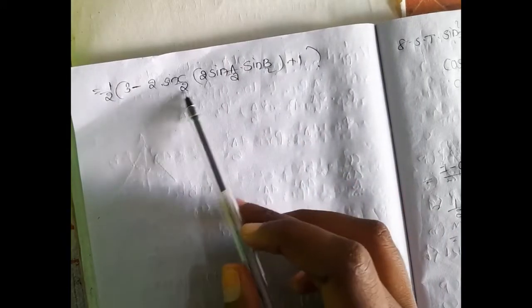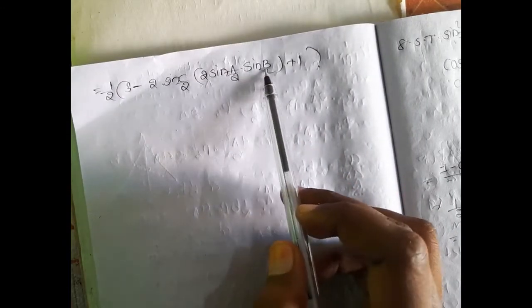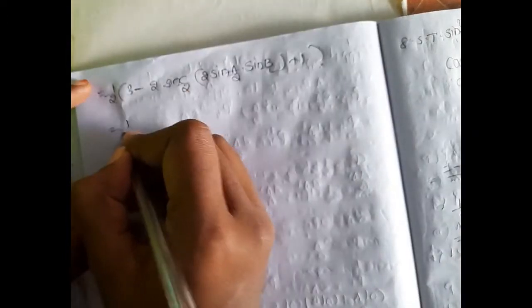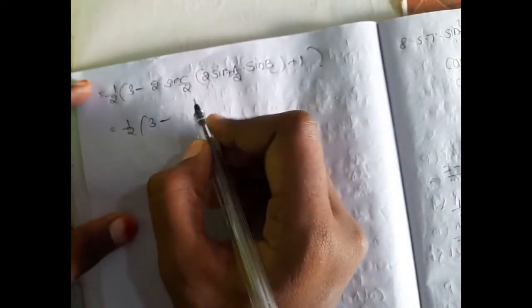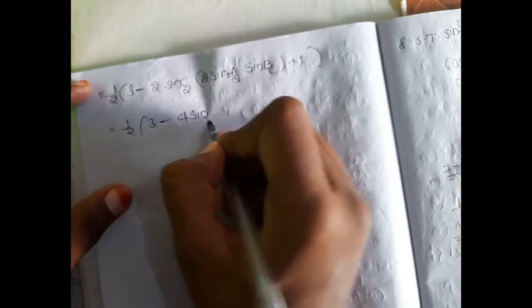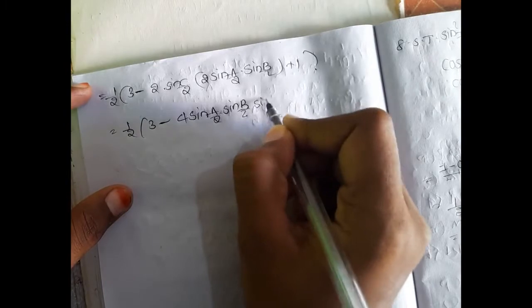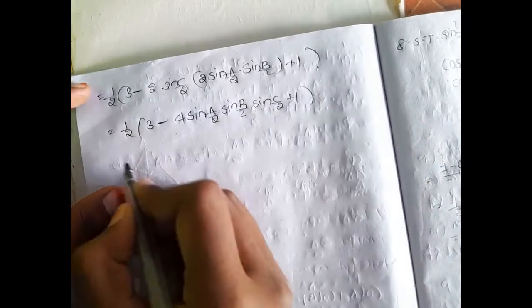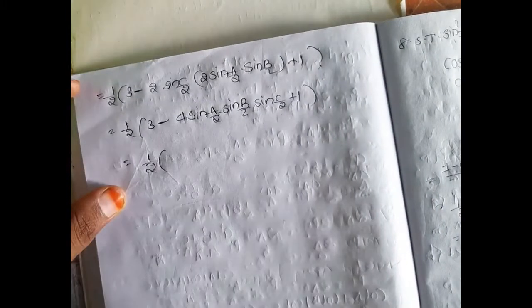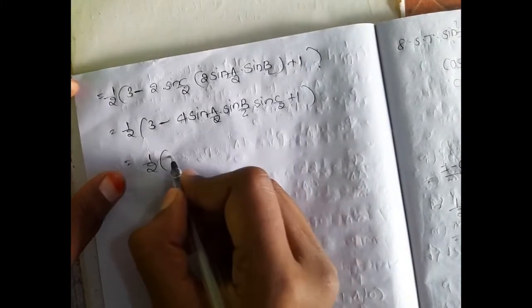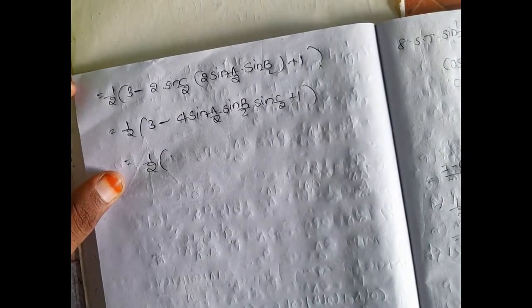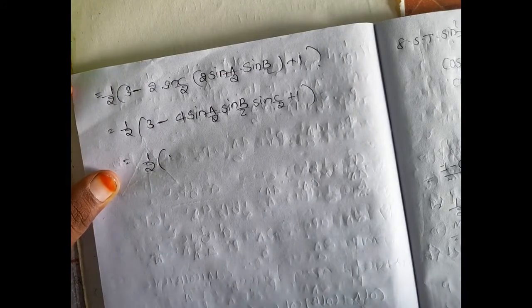Now 1 by 2, 3 minus 2 sin c by 2, 2 sin a by 2, 2 sin b by 2 plus 1. 1 by 2, 3 minus, no, 4 sin a by 2, sin b by 2, sin c by 2 plus 1. Here it is 3 plus 1. Is this right?